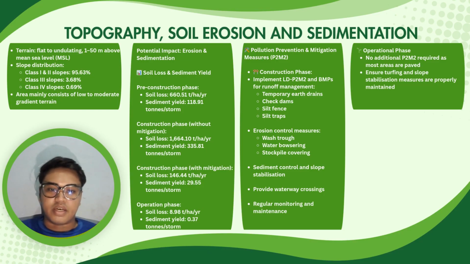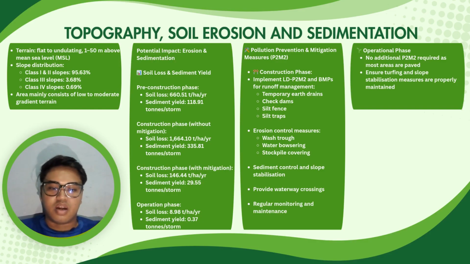This slide explains the existing environment, impact assessment and mitigation measure, focusing on topography, soil erosion, and sedimentation. To begin with, the existing environment of the project area shows that the terrain is generally flat to undulating, ranging from 1 to 15 meters above mean sea level.